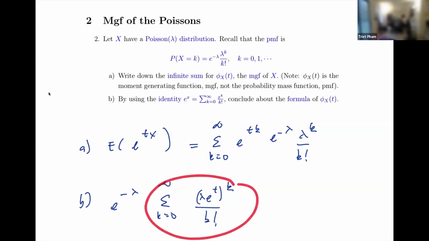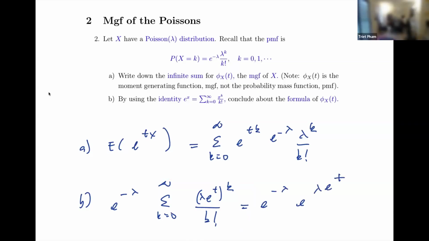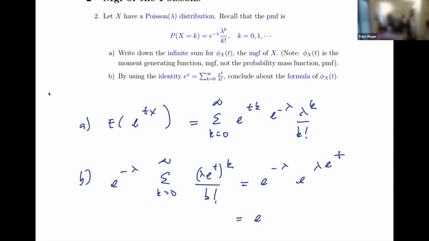And so this sum becomes what? Or here we write it as like that. Okay. Any question?